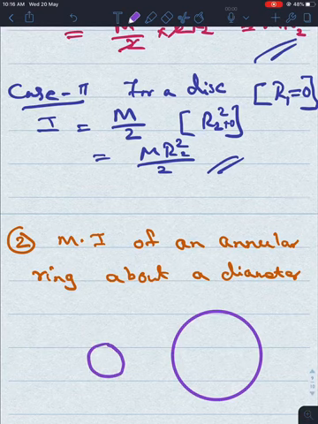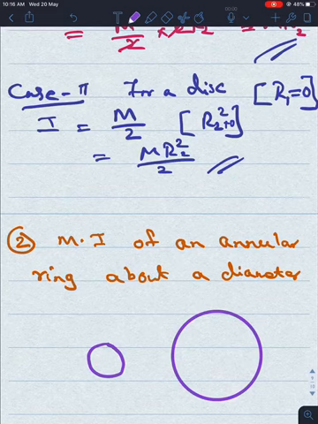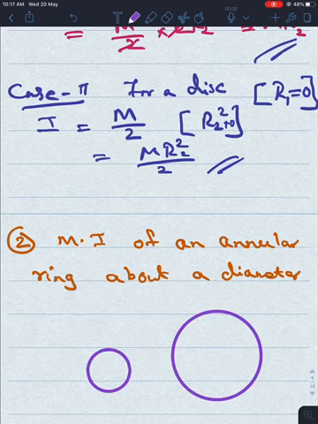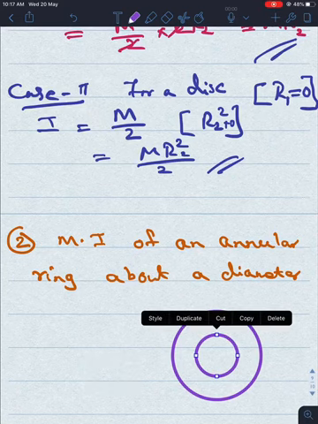So have another ring inside. Now I have to find out the moment of inertia about a diameter.